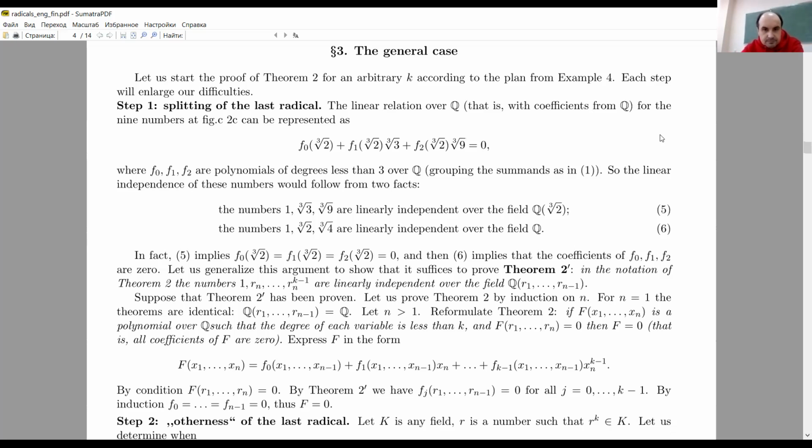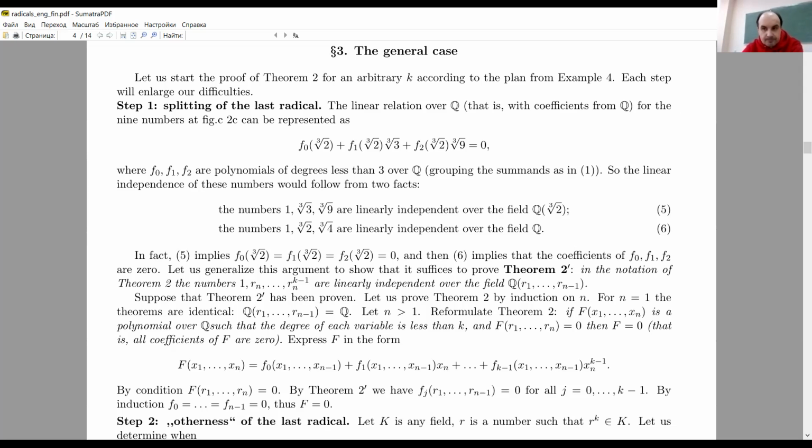In the notation of theorem 2, the numbers 1, Rn, ..., Rn to the power k minus 1 are linearly independent over the field Q of R1, ..., Rn minus 1. It's easy to show that this is equivalent. Actually, we need to prove that theorem 2 prime implies theorem 2.